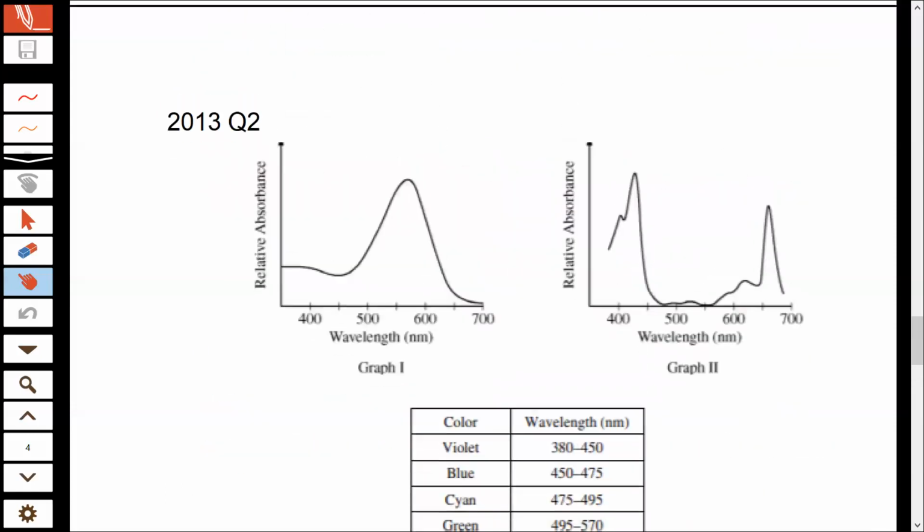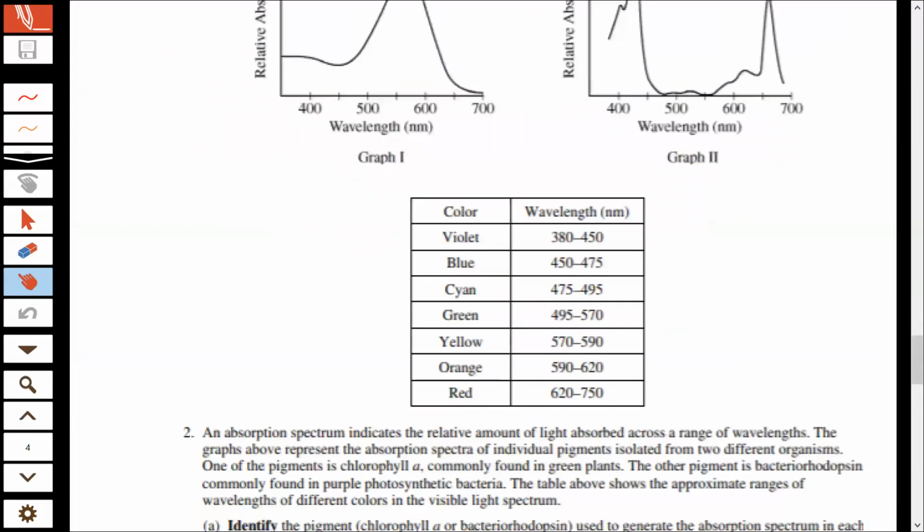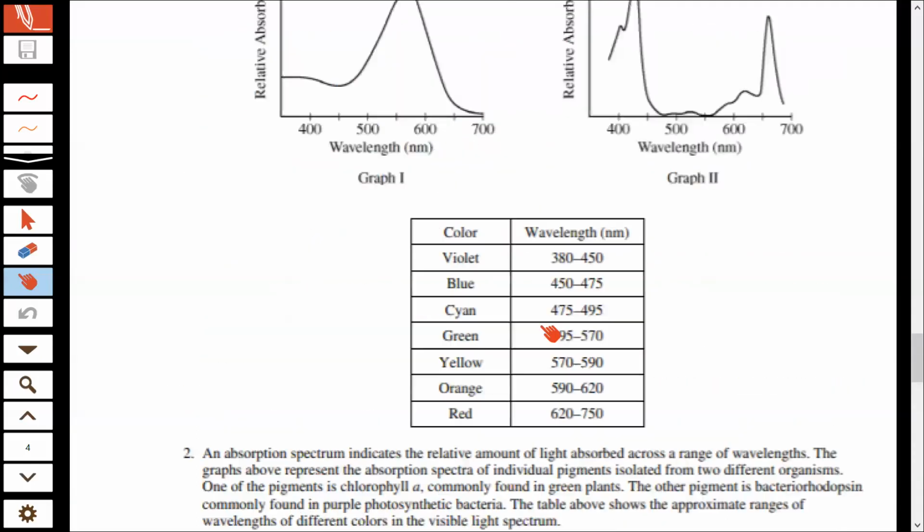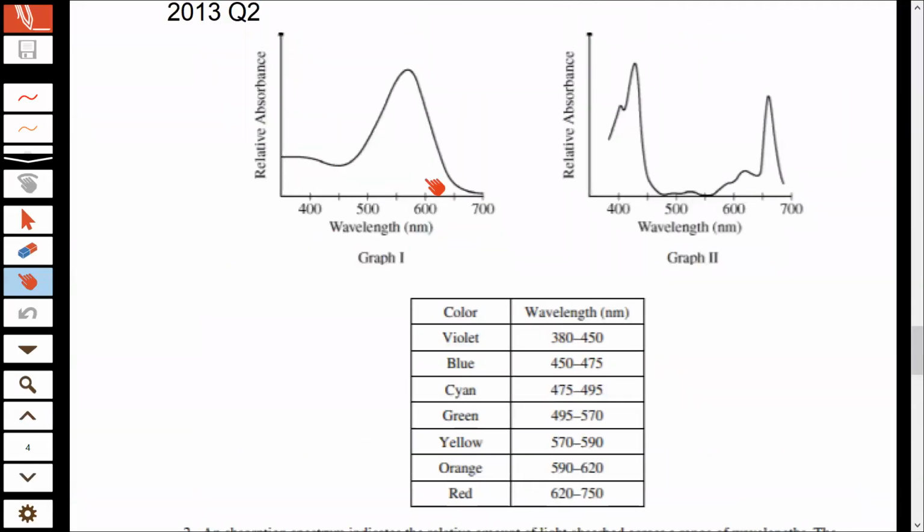I want to go back to this one though. Because even here, we don't have an exact control, but we are definitely comparing the results, right? And same thing here, right? We don't have a control in this experiment, but we're just comparing different nanometers of light, and that is okay.